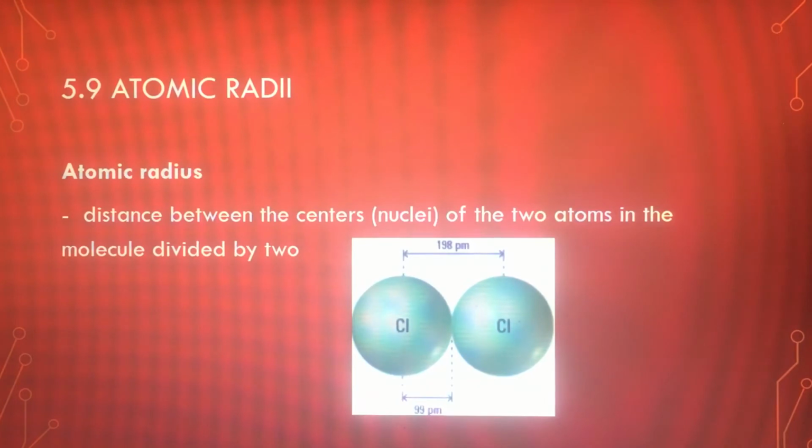And after performing this on a number of elements in the periodic table, they found out that there is a periodic trend, or a periodic transition, in the atomic radius of the atoms.